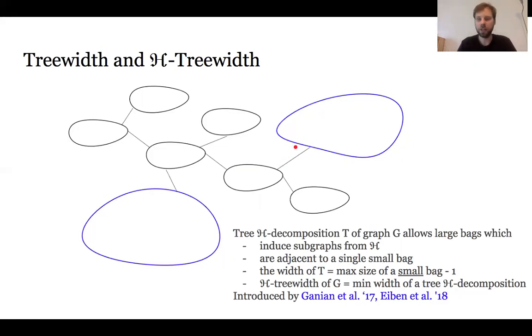And the remaining conditions of a regular tree decomposition should be satisfied. So the width of such a tree-H decomposition is the maximal size of a regular bag, minus 1. And we define tree-H width as the minimal width of a tree-H decomposition of a graph.